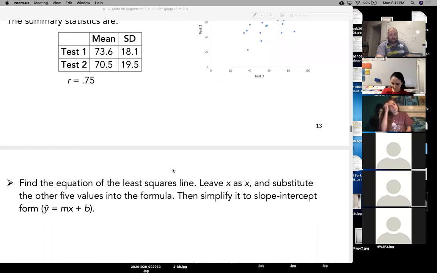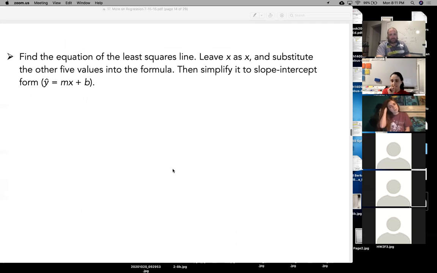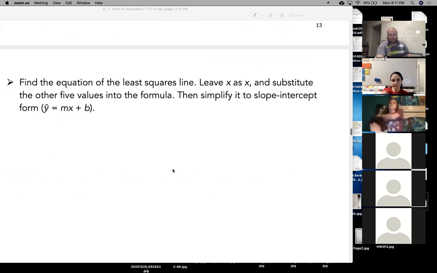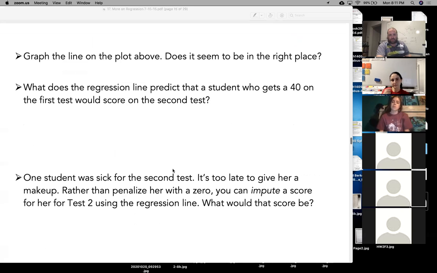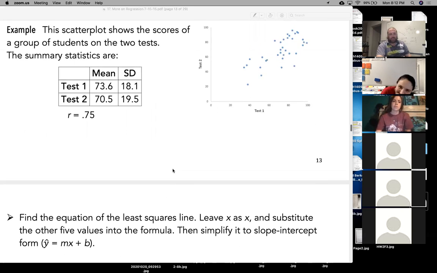Very good. Professor, what was that explanation again? 56.25% of the variability in the test 2 scores can be attributed to the variability in the test 1 scores.